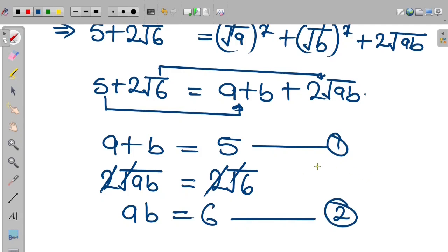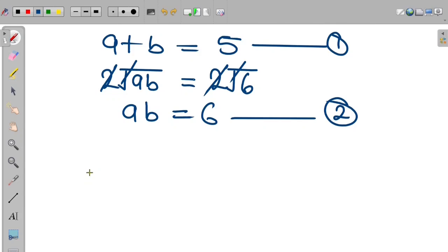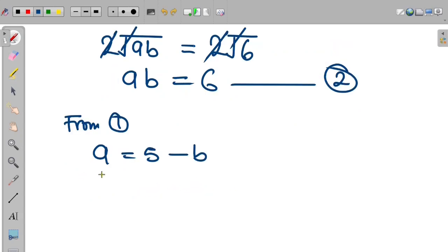Now we have obtained two equations which we can solve simultaneously to obtain the values of A and B. First, from equation 1, we have that A is equal to 5 minus B. We will substitute this value into equation 2.